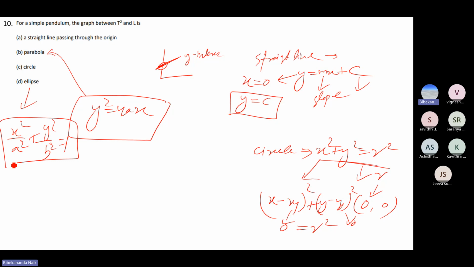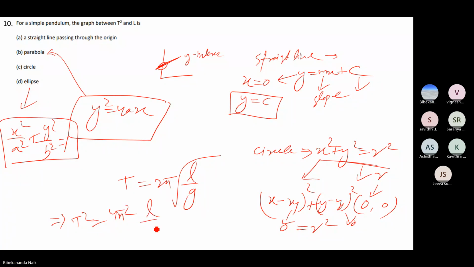So now the question says, for a simple pendulum, what will be the graph between t square and L? We know T is 2 pi root over L by g. So T square will be 4 pi square L by g, is it not?